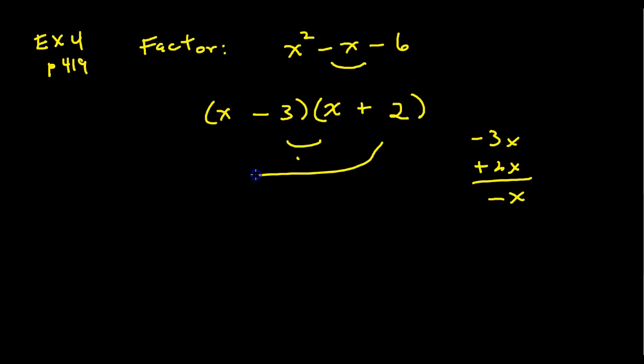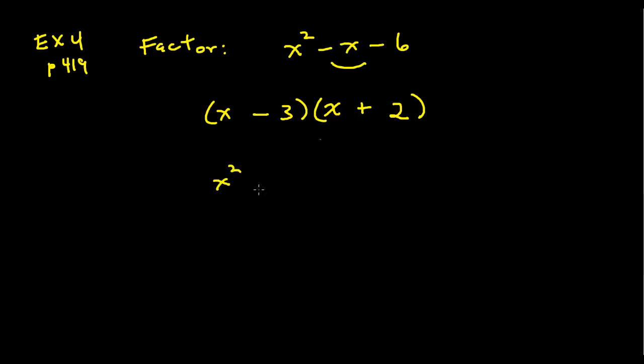All right. So let me check this overall. The first product is x times x is x squared. The outer product is plus 2x. The inner product is minus 3x. And the last product, minus 3 times 2, is negative 6.